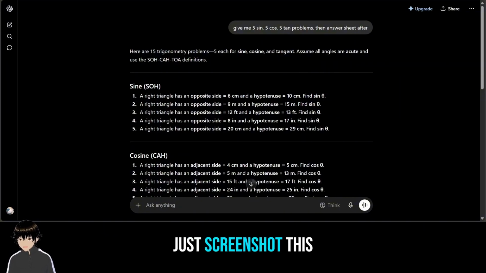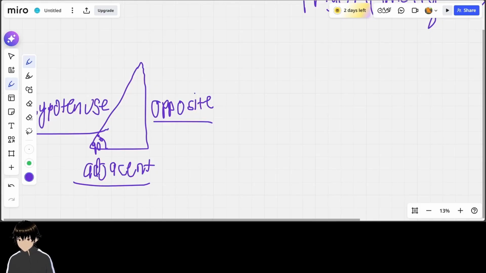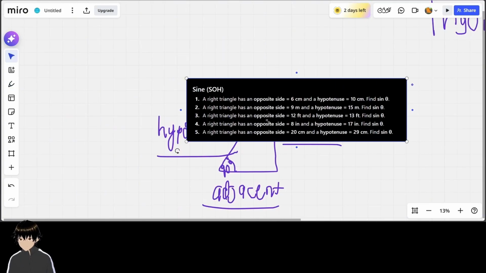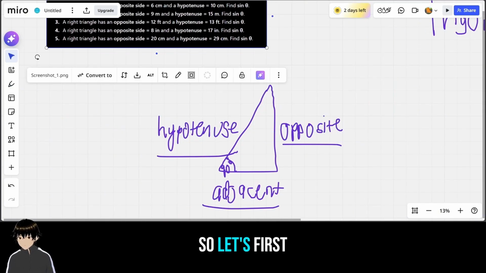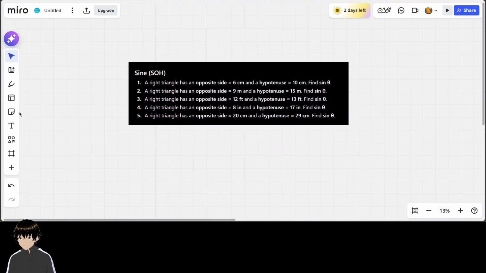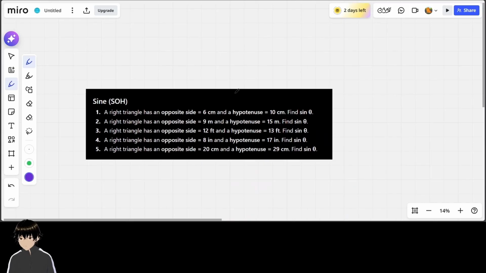Okay, I can just screenshot this. So let's first start with a sine problem. A right triangle has an opposite side of 6 centimeters.